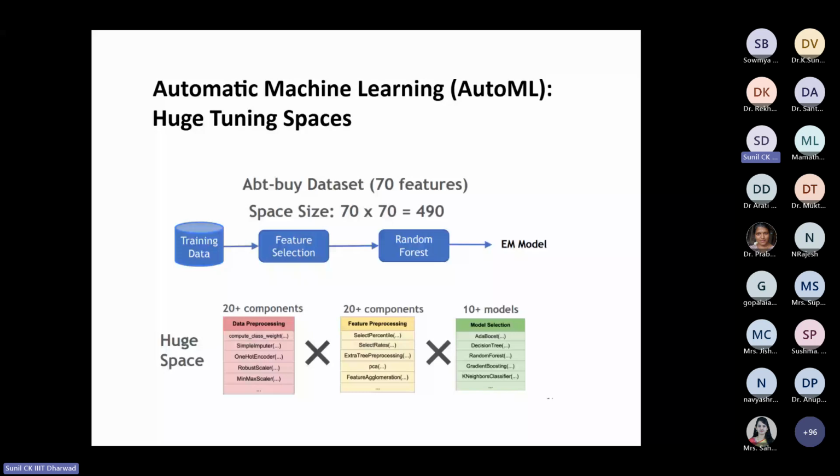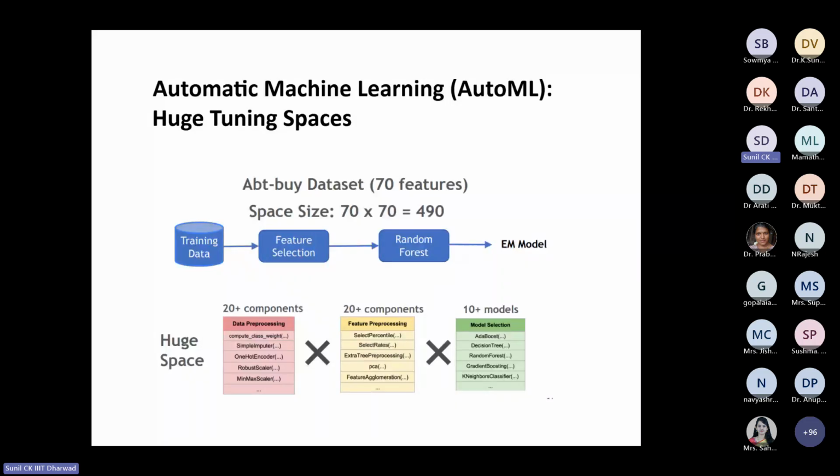But in automated machine learning, it has to look into the different cases. You have fed the data, so it has to come up with the model that automatically labels for you, so it requires a large space to do that.